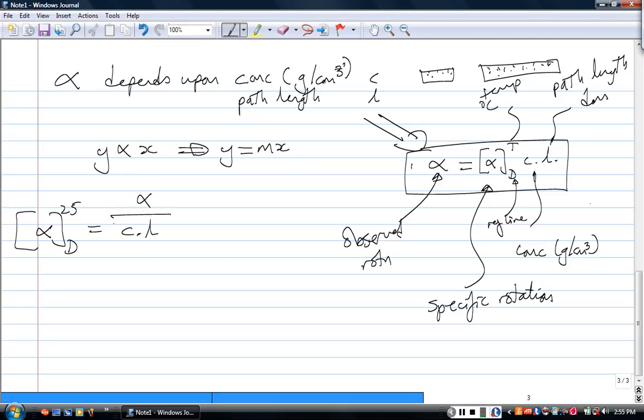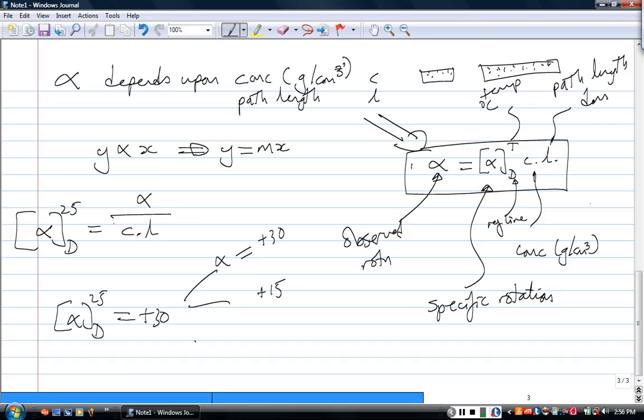So as I said, it's possible for a compound that has an alpha 25D of, say, plus 30 degrees to show an alpha of plus 30 if we had a unit concentration in a cell of unit path length. It can show plus 15 if, for example, my concentration was halved.